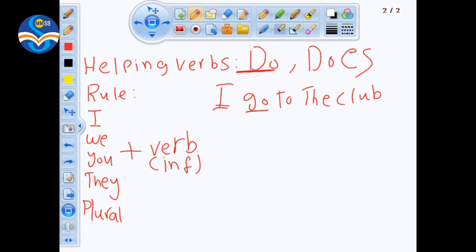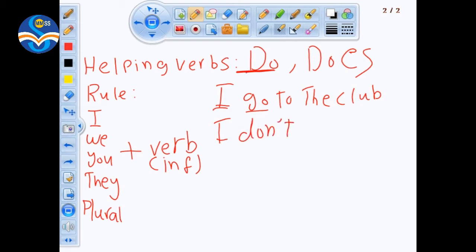Okay, so let's move to the second part. What do I do if I would like to put this sentence in the negative form? What do I mean by negative form? It means that I'm going to put not. So it's going to be just like that: I don't.